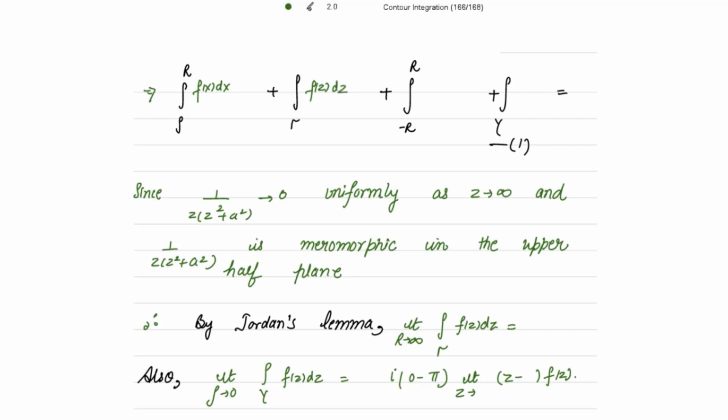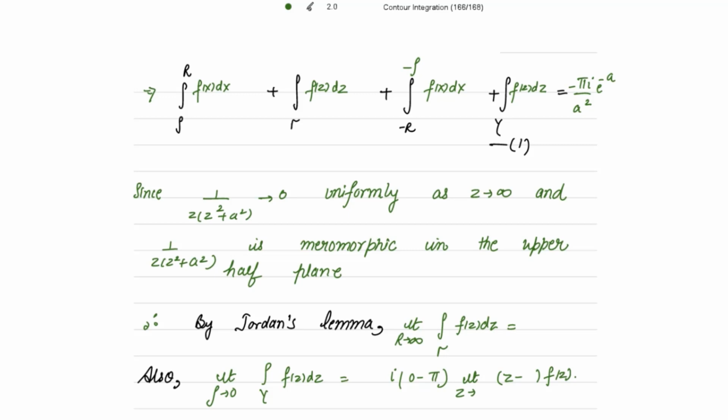And then again I'm having the real axis from negative r to negative rho, and this is f(x) dx, and then the semicircle gamma, and for that I'm writing f(z) dz, is equal to minus pi iota over a square e to the power negative a.